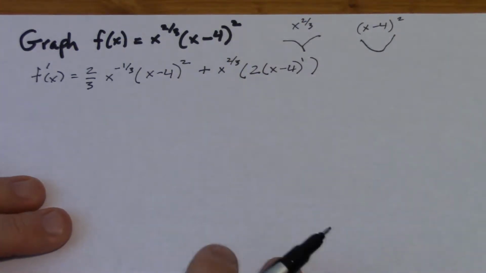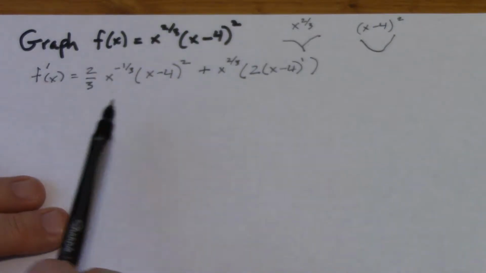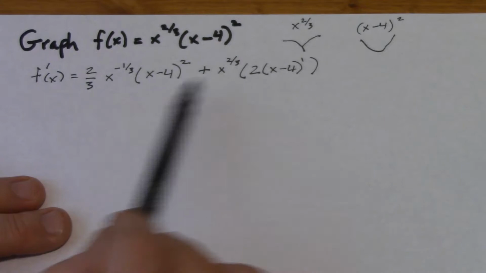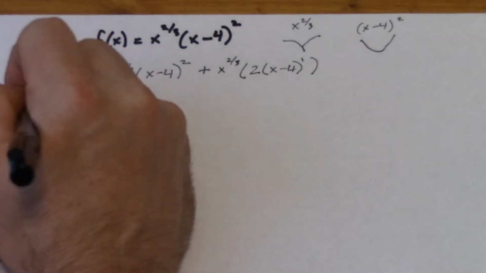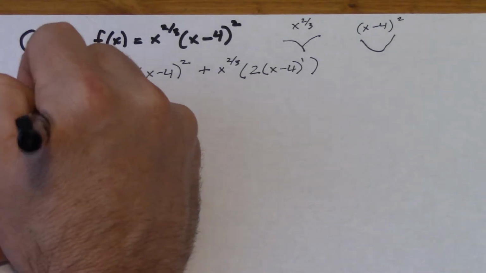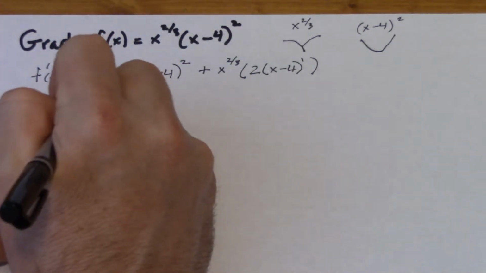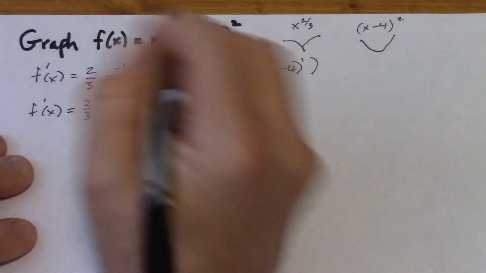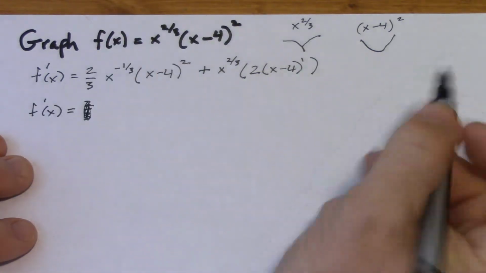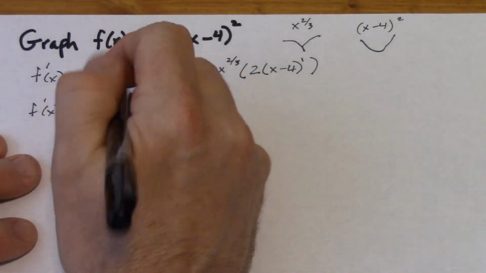Alright, and what we're going to do is we're going to factor stuff we know out. And this is typical with ones that have a negative fractional exponent and a positive fractional exponent. We're going to factor that out. Okay? So let's just talk about how that's going to happen. So we're going to have 2/3. Oops, sorry. We're going to factor a 2 out. We're going to leave a 1/3 with that. Okay?